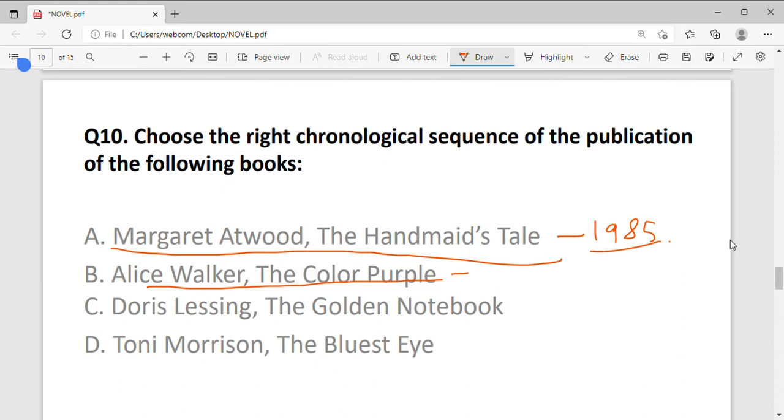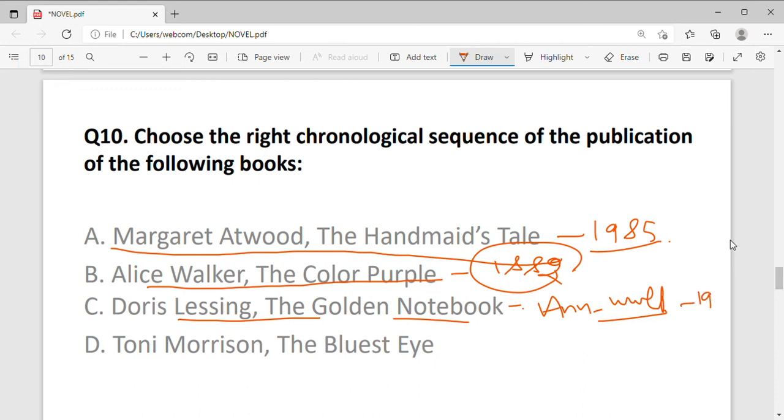These stories are unheard, given nowhere in history, so she works to bring them to her readers. 1982. Doris Lessing, The Golden Notebook. Anna Wulf is a character who writes five novels. The Golden Notebook is a fifth book where she does the conclusion. 1962 is the publishing date of this.